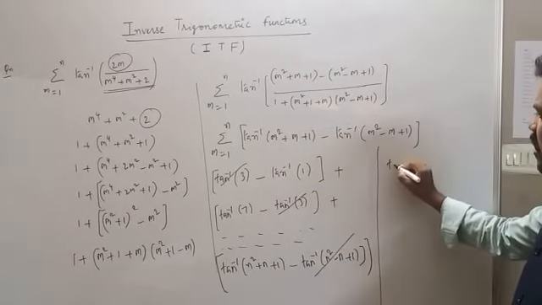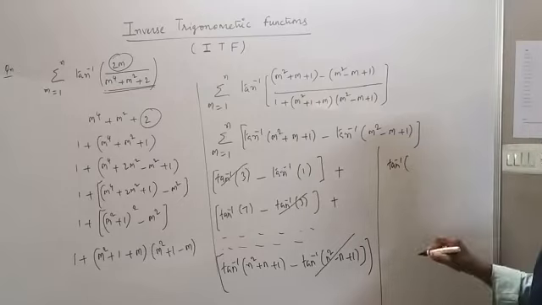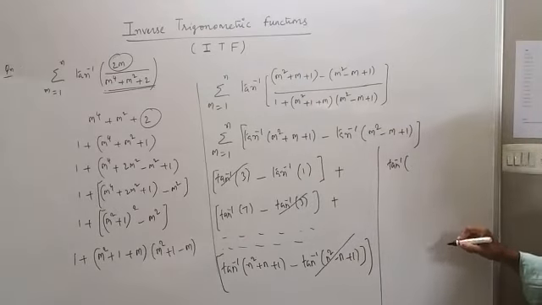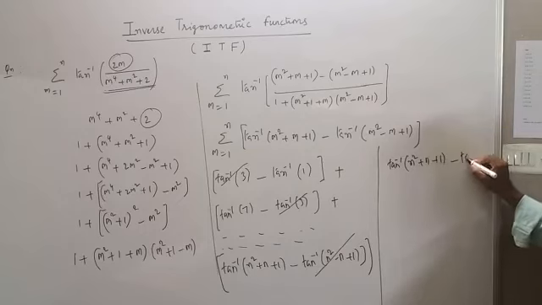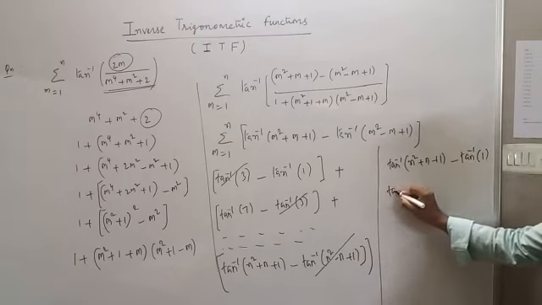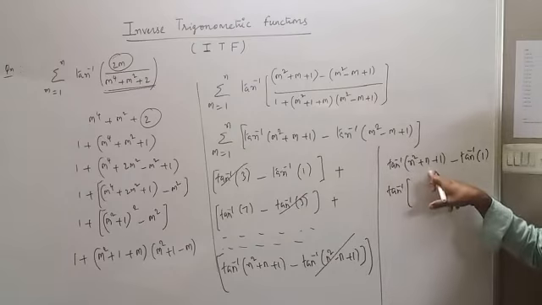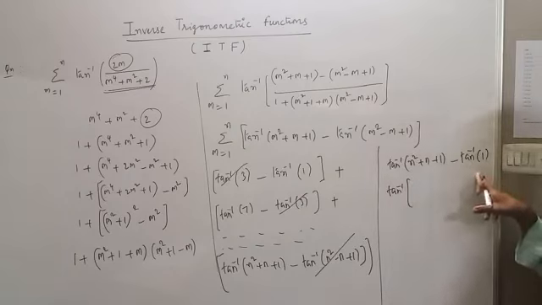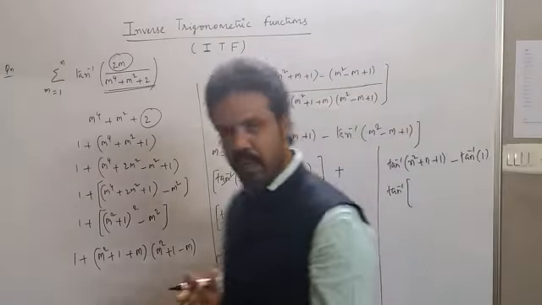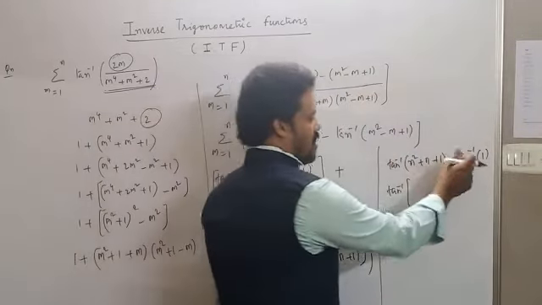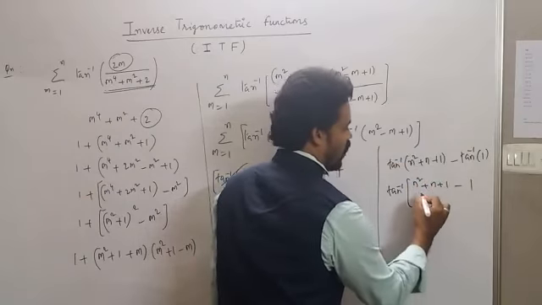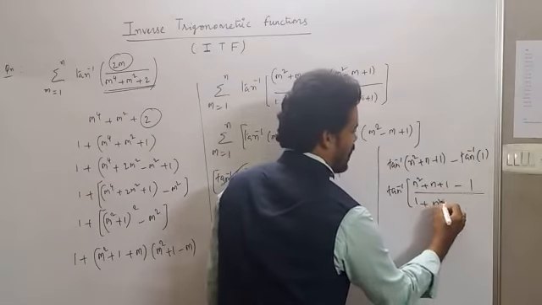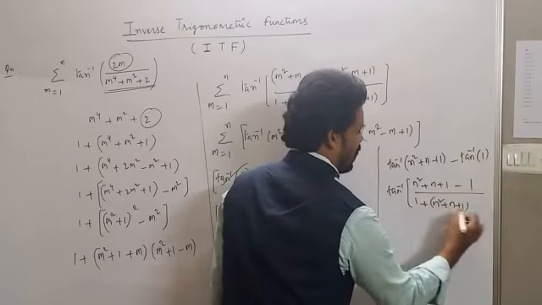Now, that is tan inverse of n square plus n plus 1 minus tan inverse 1. We can leave it like this, or still we can simplify again in the form of tan inverse A minus tan inverse B, which is tan inverse A minus B by 1 plus AB. This is A, this is B. That is n square plus n plus 1 minus 1 by 1 plus n square plus n plus 1 into 1.